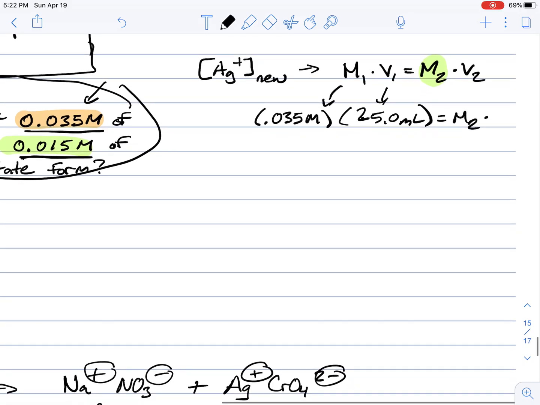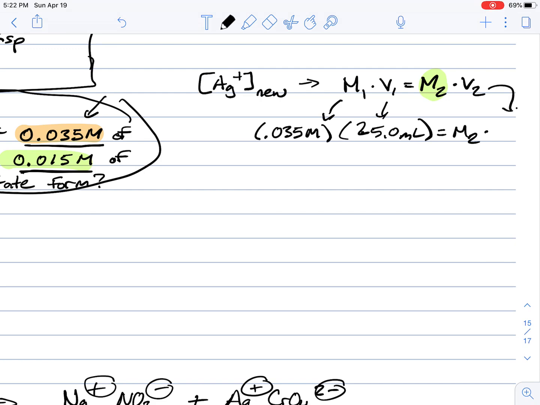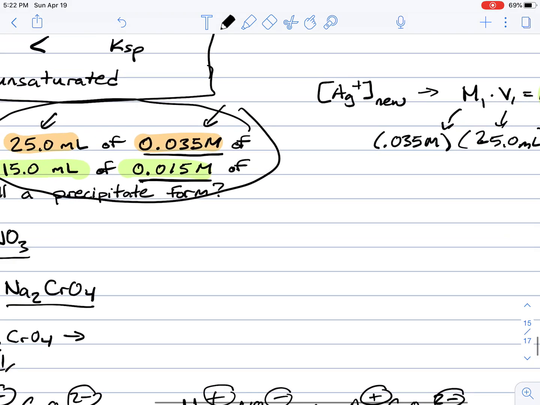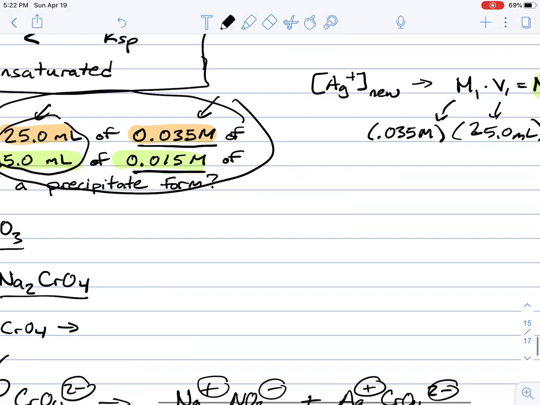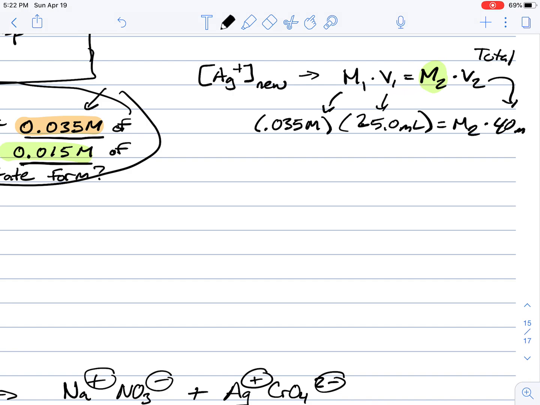And then we're going to figure out what V2 is. So V2 is the total volume of the new solution, which is simply the sum of these two. So 25 plus 15, that's going to be 40. And so we're going to solve for M2 by multiplying those two values and dividing by 40 mL. So 0.035 times 25 and divide by 40 mL.